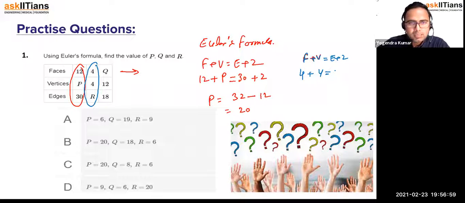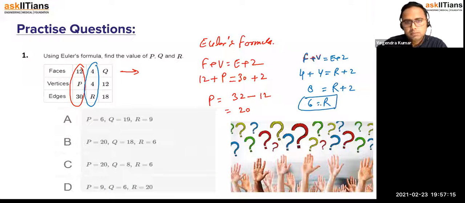E is R here, plus 2. So 8 is equal to R plus 2. So 2 will go to this side. So R is equal to 6. We got P as 20 and R as 6, right? Okay, there are two options with R as 6, so we need to go for the third option also, right?